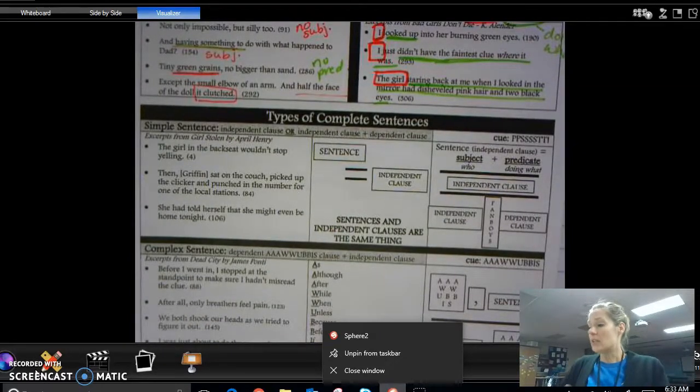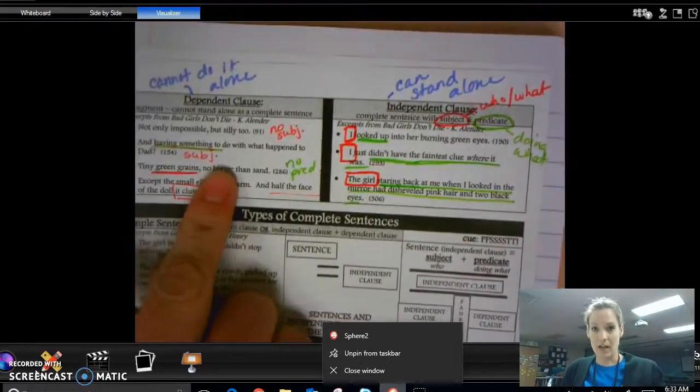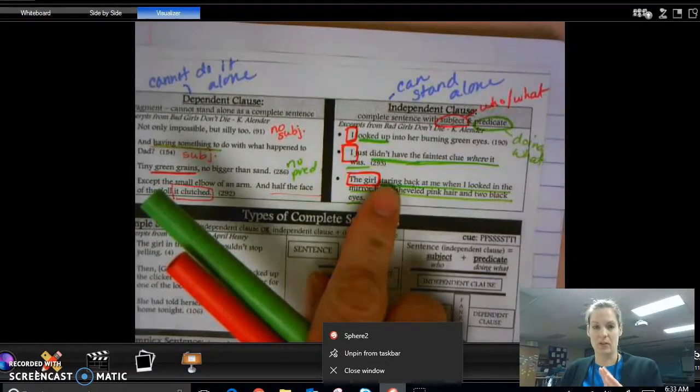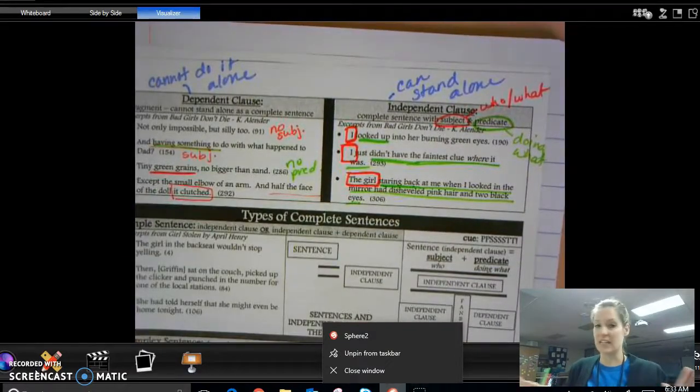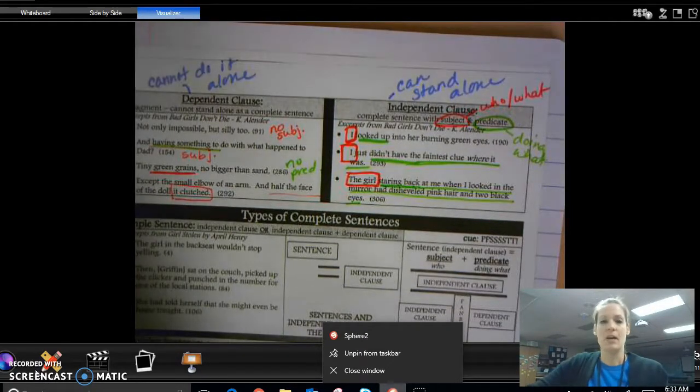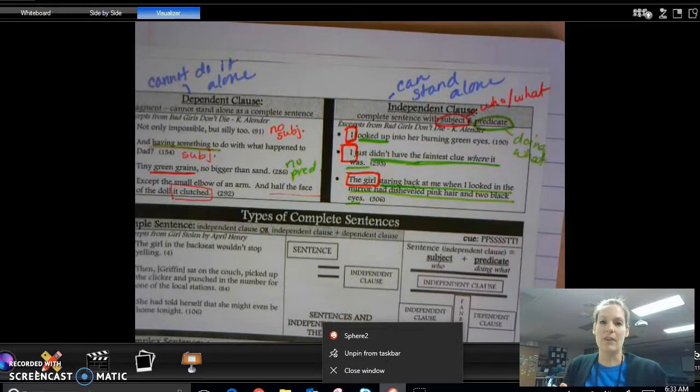All right, so the first lesson that I want you to understand is the difference between dependent clause and independent clause. Okay, so dependent cannot stand alone as a complete sentence. They are alone in books oftentimes to create mood and tone. However, they are not a complete sentence.